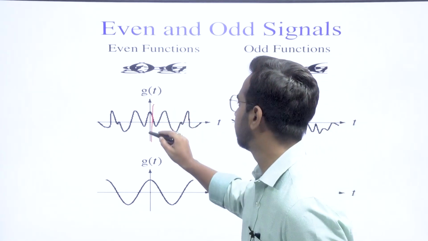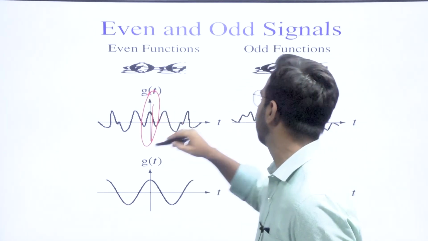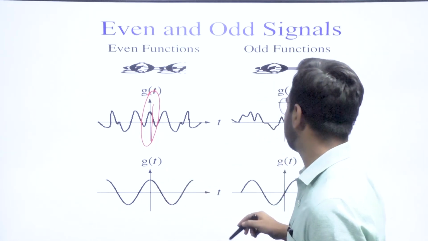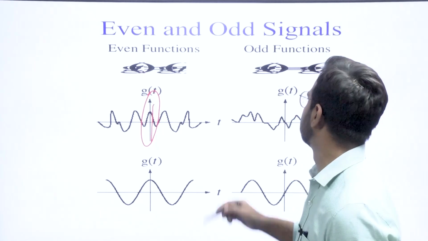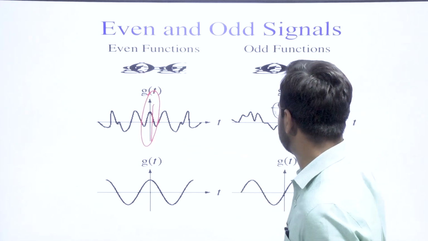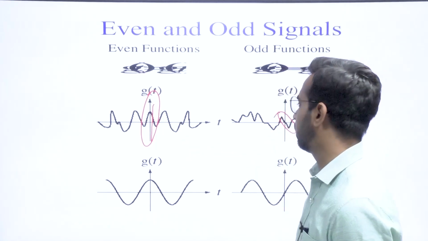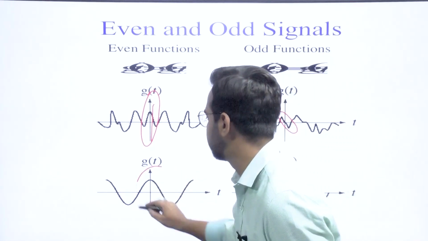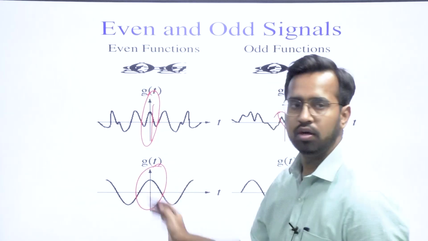Okay. So, this is basically what we have discussed. An even signal means a signal which is symmetric about the y axis, and a signal which is symmetric about the origin is odd. See this image, this signal is symmetric about the y axis.